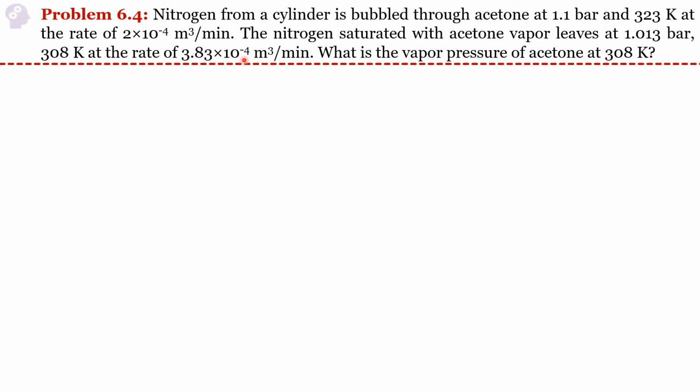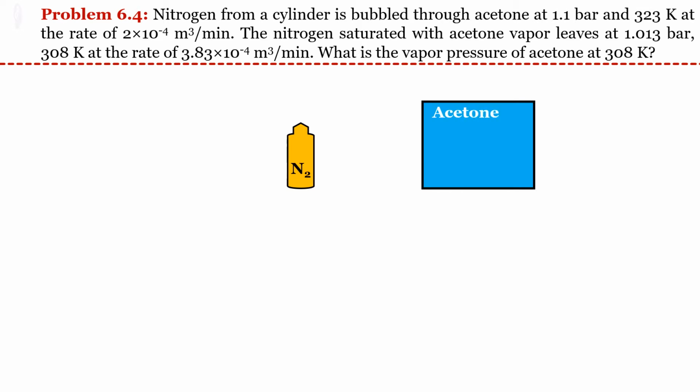So first we will try to understand the problem by making its flow diagram. We are starting with nitrogen. Assume that a cylinder is filled with nitrogen and this nitrogen has to be bubbled through acetone. So in this container we have acetone.